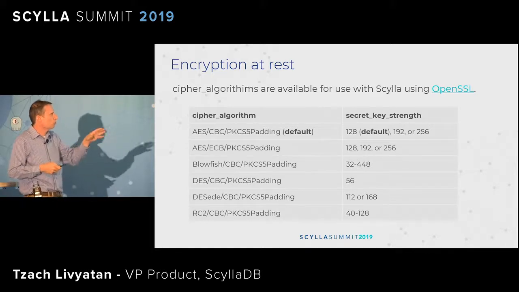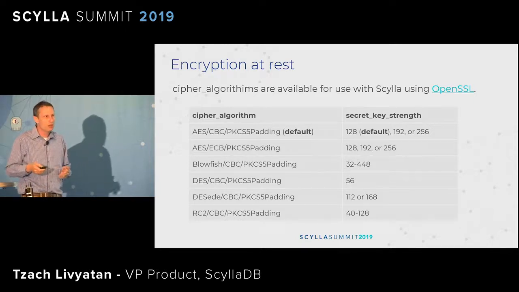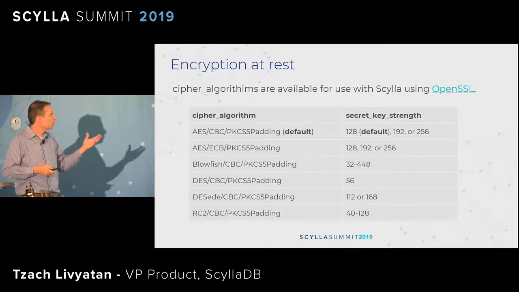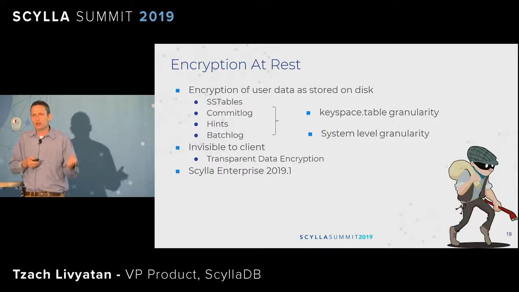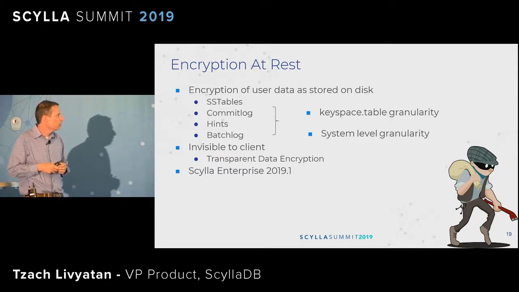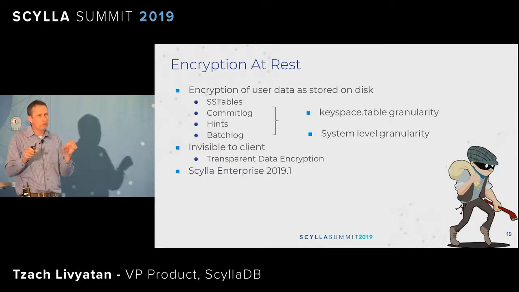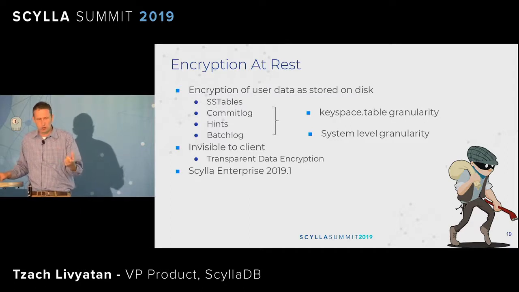So we support using OpenSSL. We support all kinds of algorithms for how to encrypt the data. And when you create a table, as we will see in a minute, you can choose which algorithm, what key length, and such, like you have in other systems. You have two types of information you want to encrypt on storage.